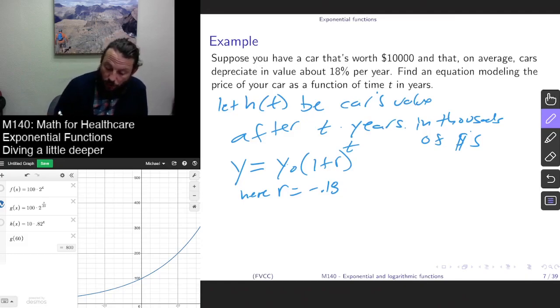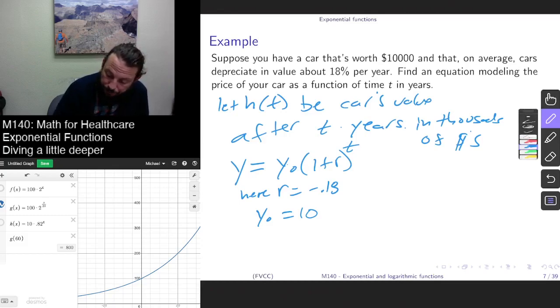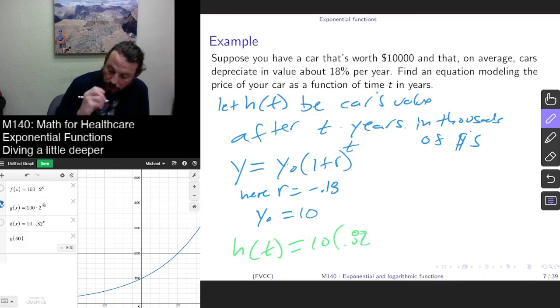So if our r is negative 0.18, what's our initial value? Here it's 10, which really means $10,000. Now, using our formula, we get that h of t equals 10 times 0.82, because 1 minus 0.18, raised to the t.